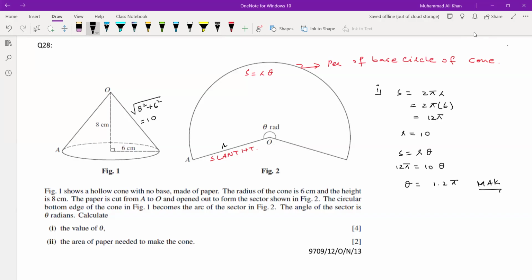Next one. The area of the paper needed to make the cone. We have to calculate the area of this second part. Area equals half r squared theta. Radius is 10 and theta is 1.2 pi. What is the answer? 6 pi is the result.